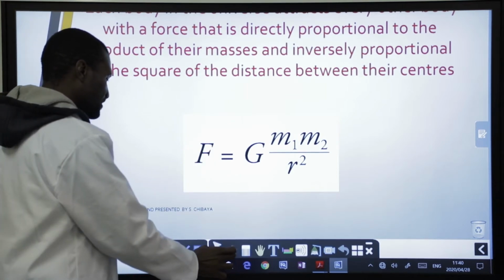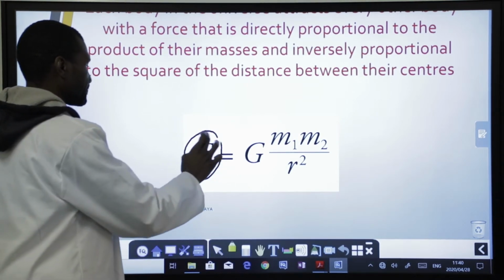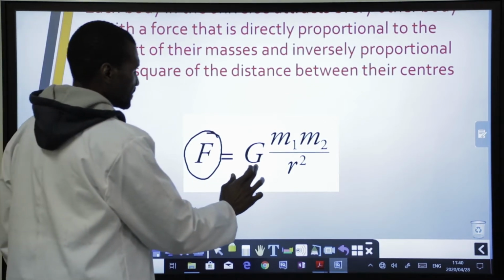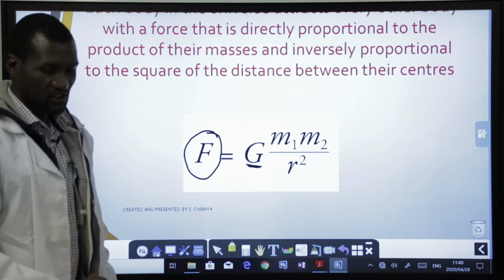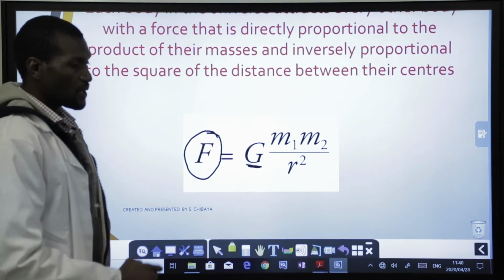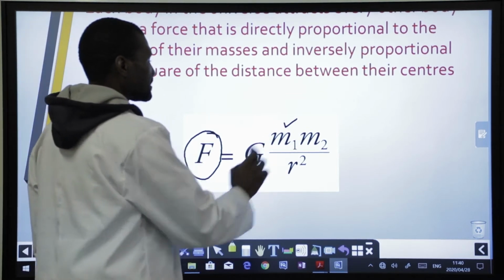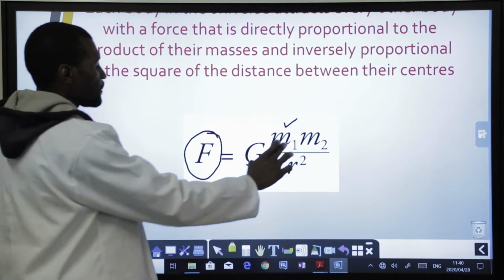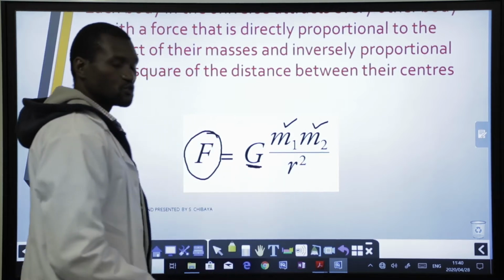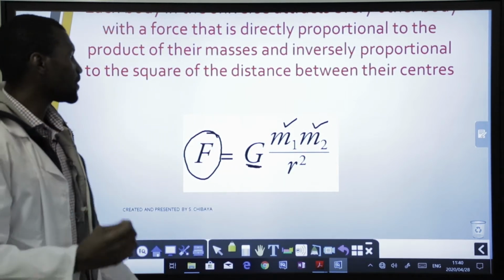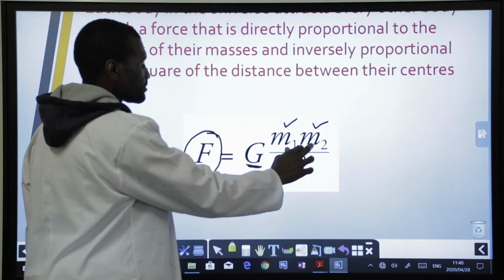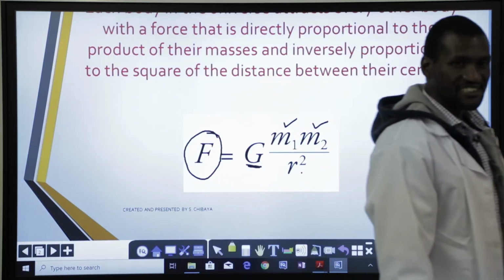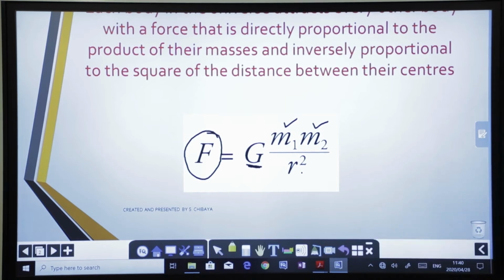This F represents the force of attraction, and this force is equal to G, which is a constant, multiplied by m1, which is the mass of the first object, multiplied by m2, which is the mass of the second object, divided by the square of the distance between their centers.